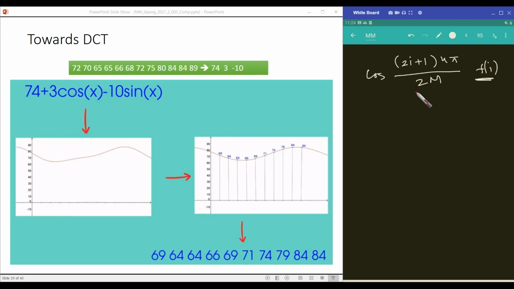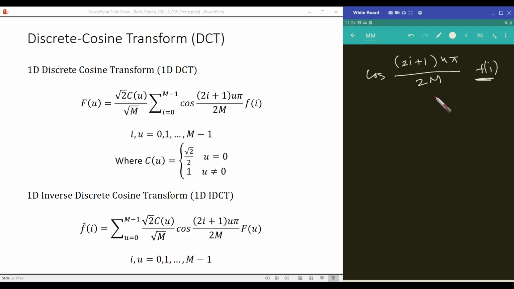Exactly what we had here: we had cosine and then multiplied with 3, multiplied with 10. So this is exactly the same thing. We can change i equals 0, 1 up to m minus 1, and we are converting to a new sequence f(u), where u is also 0, 1, 2, 3 up to m minus 1. So we have to place these numbers accordingly.